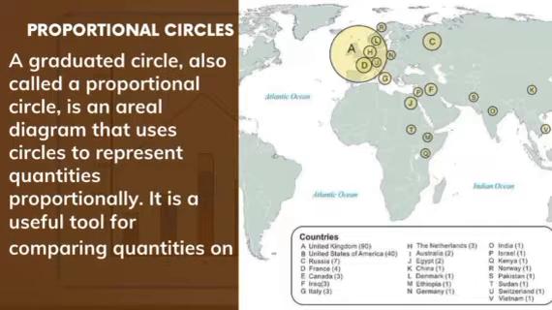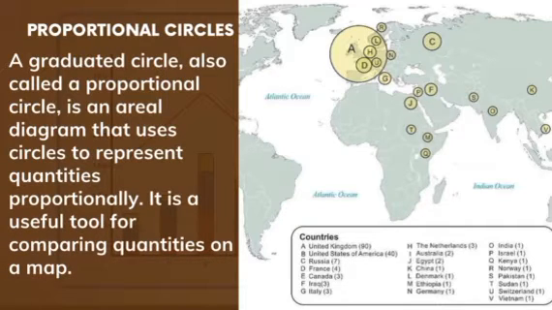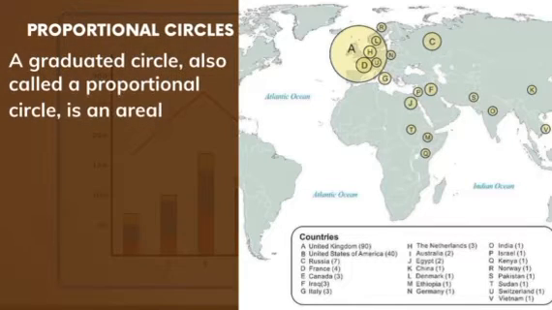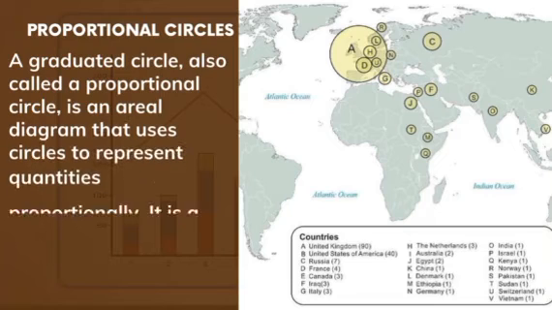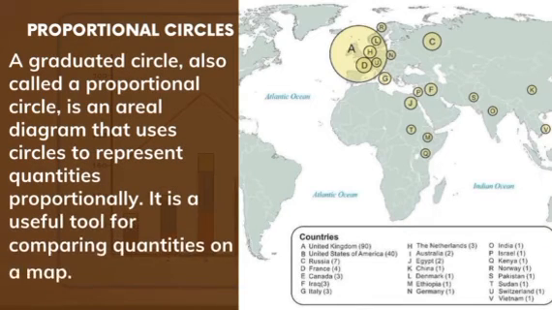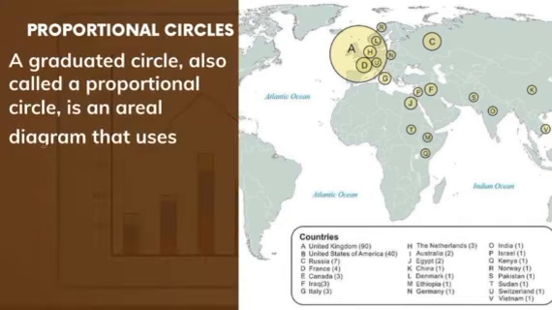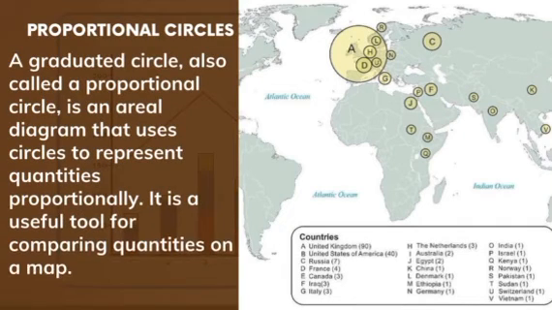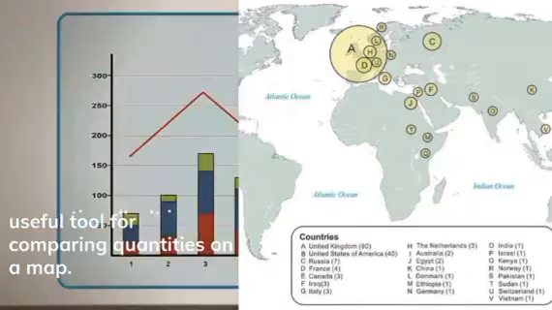Therefore, to use this method in obtaining a good representation of data, one has to use the radii of a circle to measure, like the case of a proportional pie graph, the amount of the information being represented on a particular location on a map, and the variable has its representative radii on the map, and it varies from one location to another as the data varies from location to location on the map.